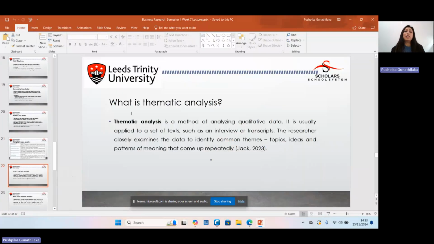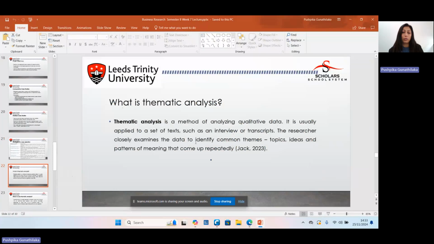Now, in qualitative research, when you collect your data, mostly we use thematic analysis. So you understand the themes to conduct your analysis. Thematic analysis is a method of analyzing qualitative data. It is usually applied to a set of texts, such as interview transcripts.